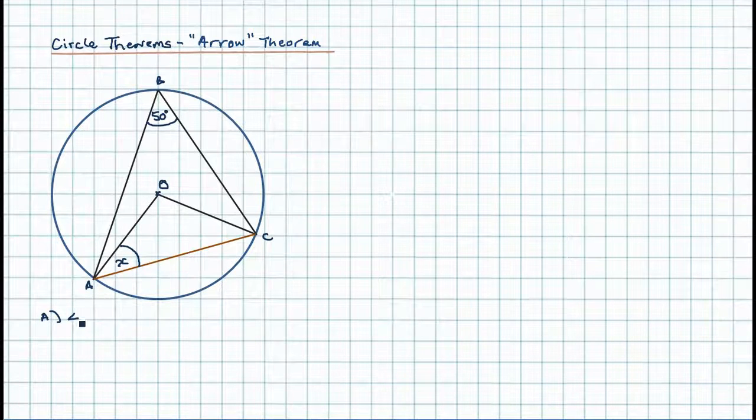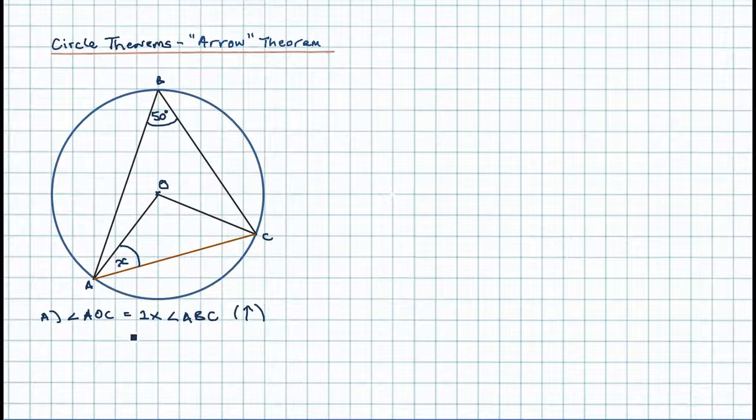Angle AOC is, according to the theorem, twice the angle at the circumference. So 2 times angle ABC. And you'd normally write it out in full, but I'm just going to do an arrow to symbolize the theorem that we're using, that the angle at the center is twice the angle at the circumference.